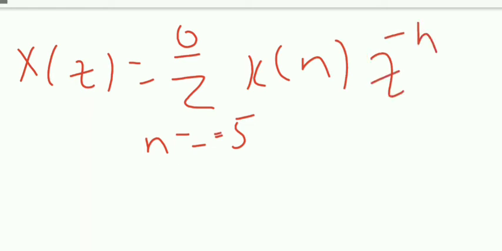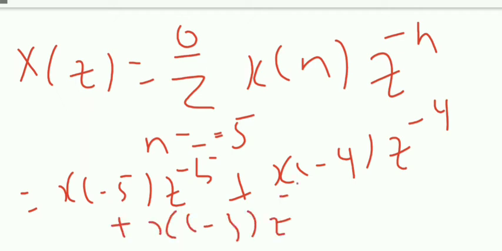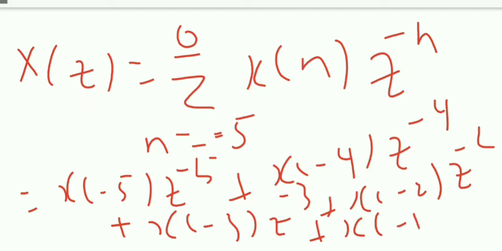So if I substitute n is equal to minus 5, x of minus 5 z power 5 plus x of minus 4 z power 4 plus x of minus 3 z power 3, x of minus 2 z power 2 plus x of minus 1 z power 1 plus x of 0 z power 0. Z power 0 is 1. So I stop with x of 0. I don't go for x of 1.